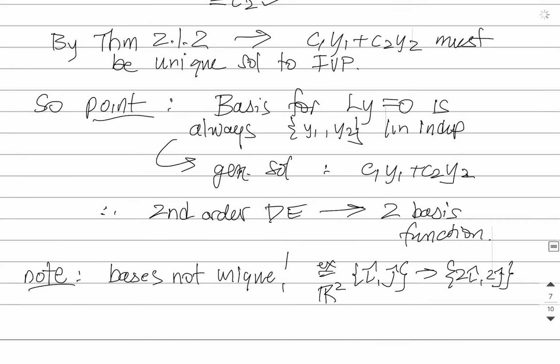The same thing happens with functions. You can take y1 and y2, or double y1 and triple y2. They will still be linearly independent, but they're not unique. You can have infinitely many of them. So as long as you can find two independent functions, they are going to be guaranteed to be a basis. So we will talk about how to do it for that special case.